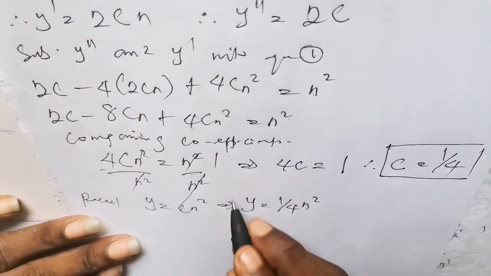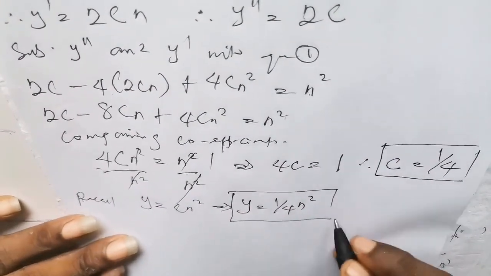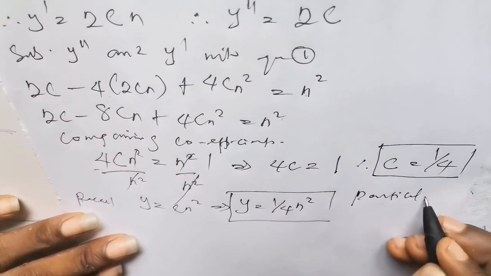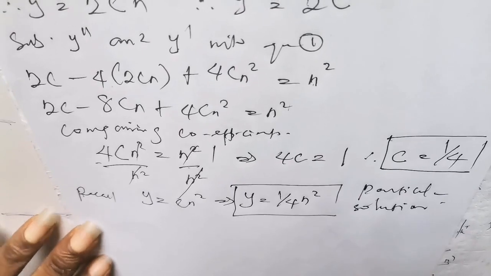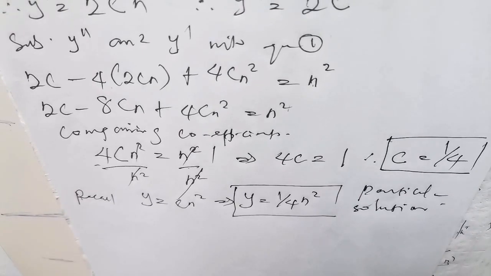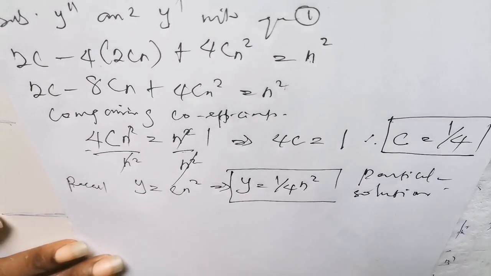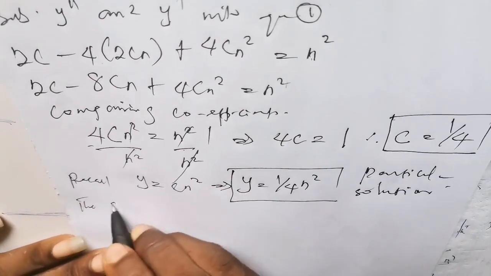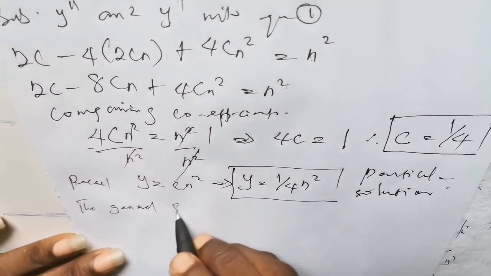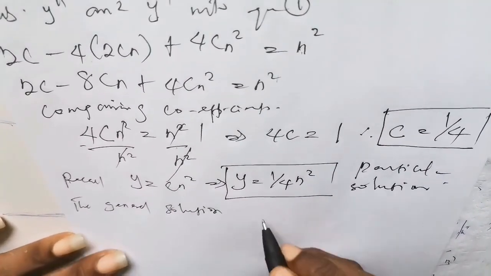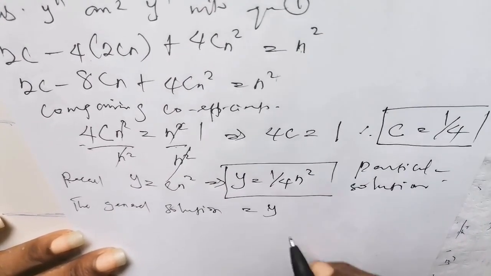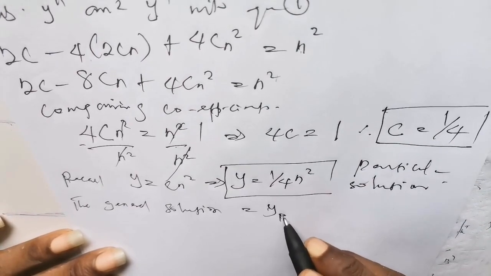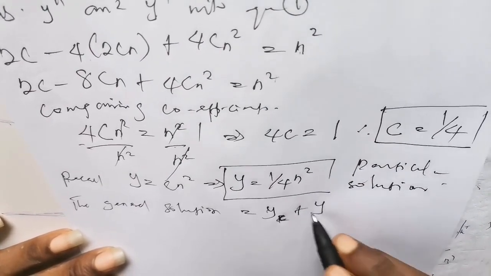This is called the particular solution of the inhomogeneous part. Now, to find the general solution of the difference equation, the general solution becomes the sum of the complementary solution plus the particular solution.